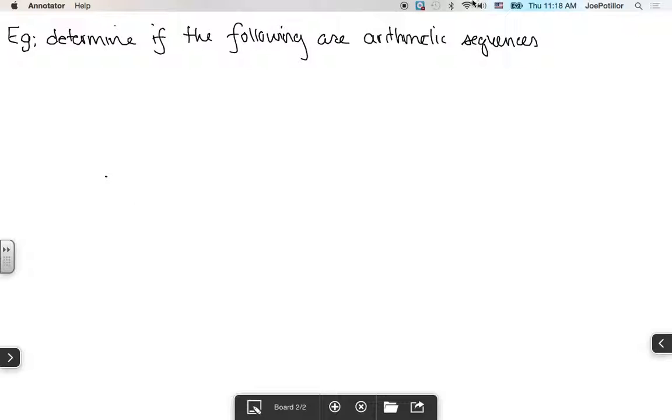So we're going to determine if the following are arithmetic sequences. Wow, that's a horrible looking arithmetic.